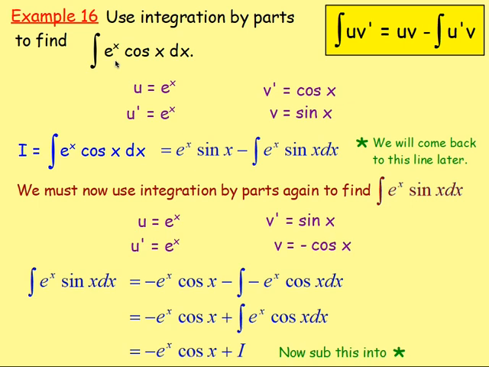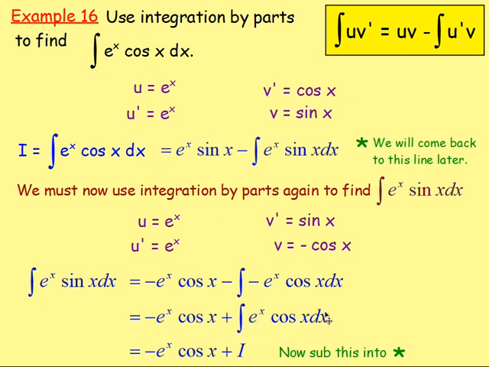So the way you do that is you would say that I, the integral, equals the integral of e to the x cos x, and then you start working your way through it. You will again get down to something that you have to use integration by parts for. And if you use integration by parts again, what you'll notice is that you get back to this original question.